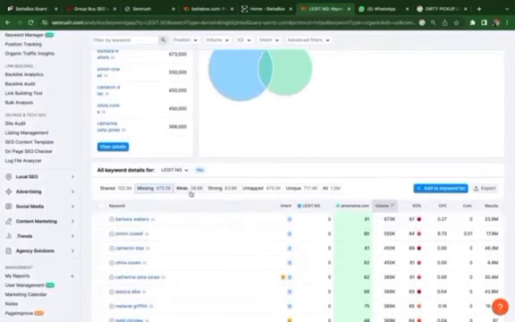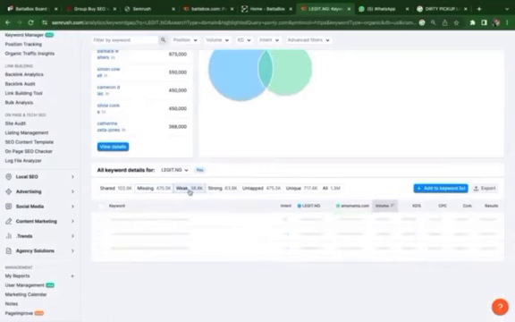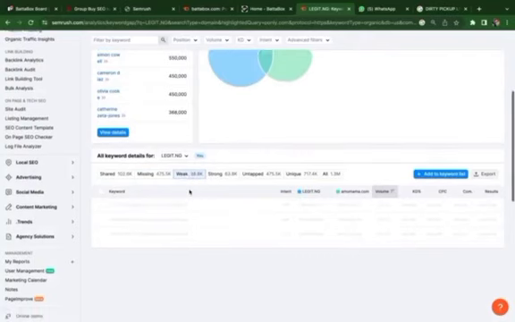So let's check the weak keywords. Let's see what this indicates. Let's see what this is going to show us about these two websites.